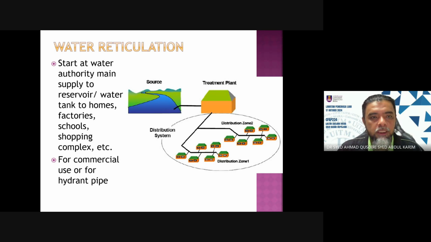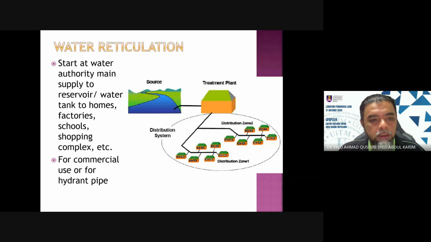So the water from the source transfers to the treatment plant that is being operated by the water authorities, being filtered, so that all the debris, all the chemicals are being separated from the water, as well as introducing so-called beneficial chemicals and such for the water consumption of the public.